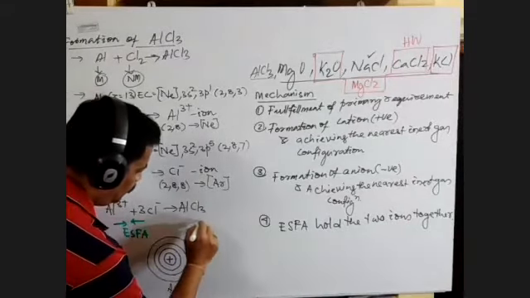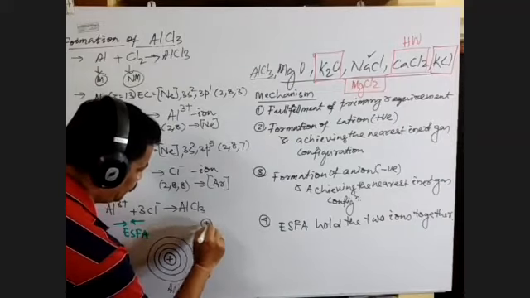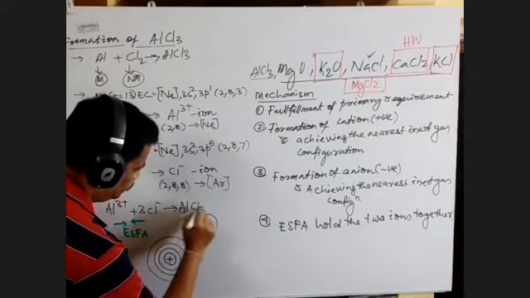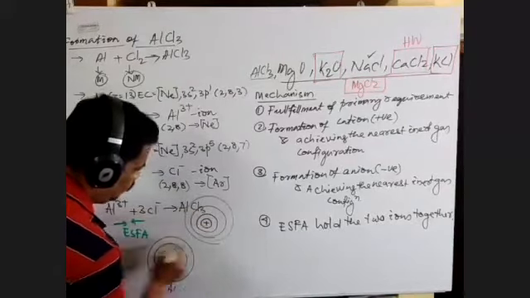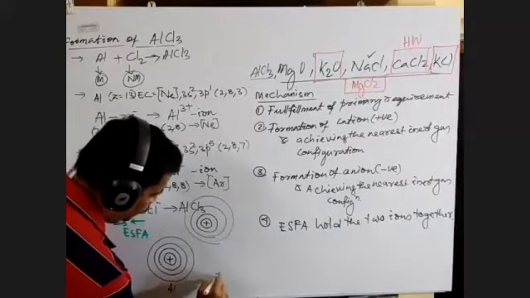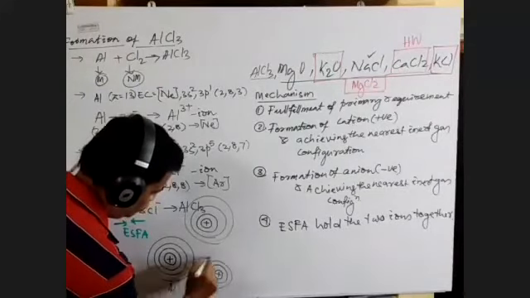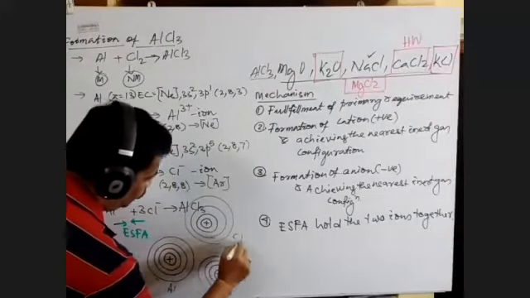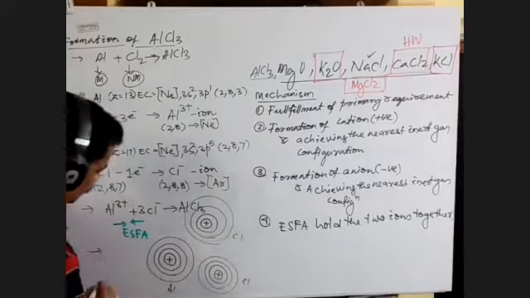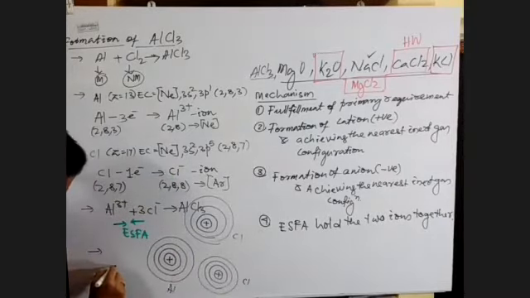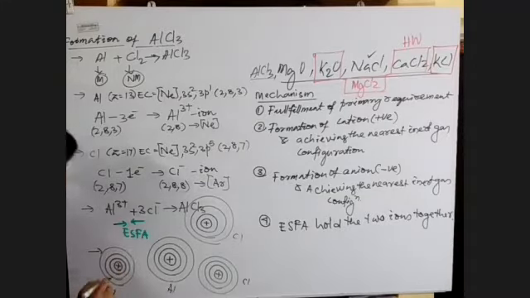So I am putting here one chlorine, and the second chlorine, and the third chlorine this side. You can arrange according to your choice. There is no hard and strict rule about this. You can put it anywhere.